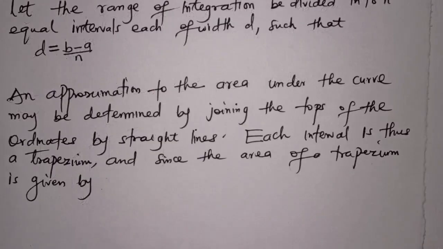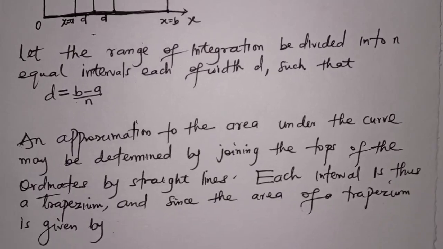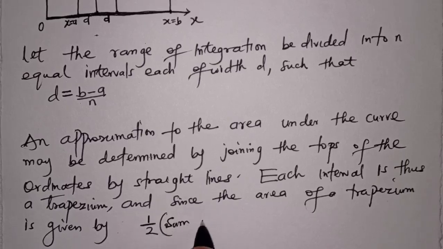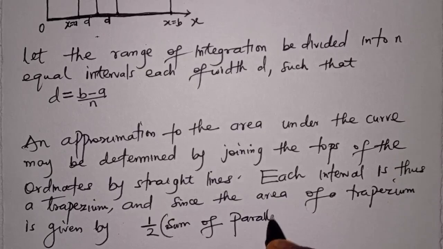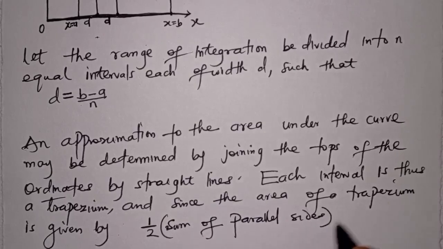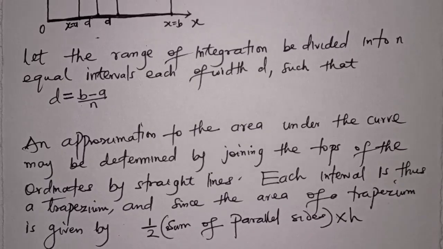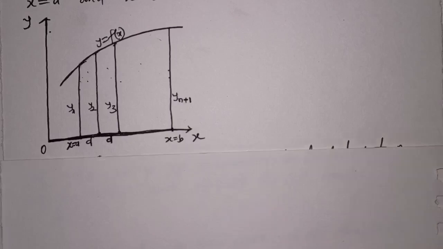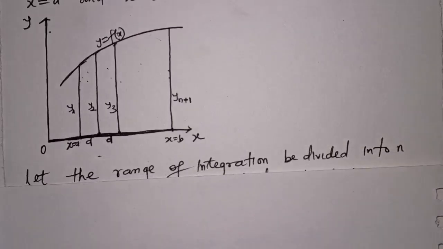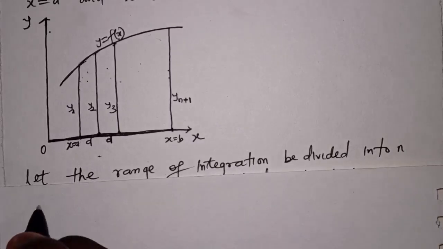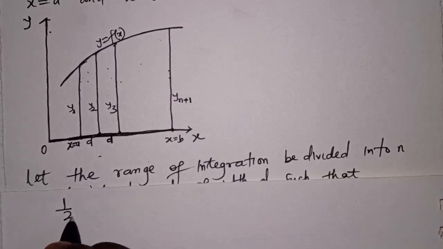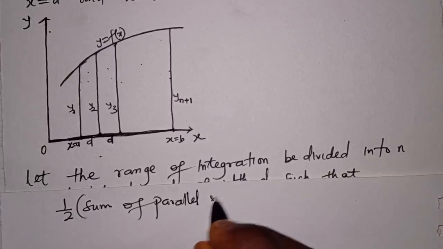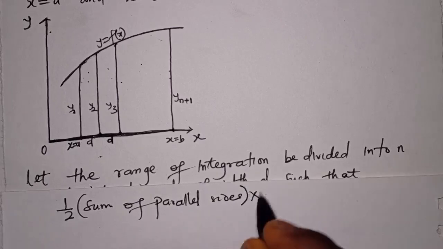You get it? The area of a trapezium is given by half the sum of parallel sides times the height. So what we have to do now is to determine the area of each of these trapeziums. Remember, we are trying to determine the trapezoidal rule. The area of a trapezium is 1 over 2 into the sum of parallel sides times the vertical height.